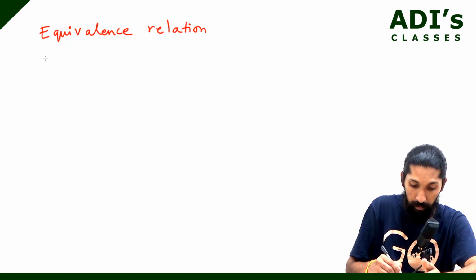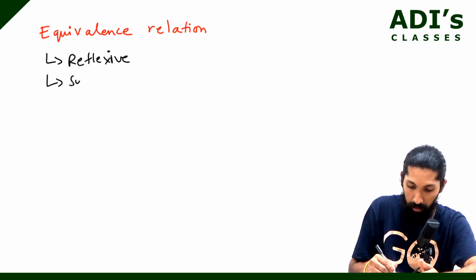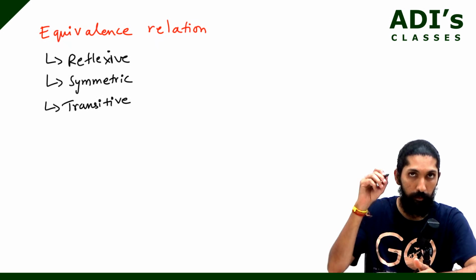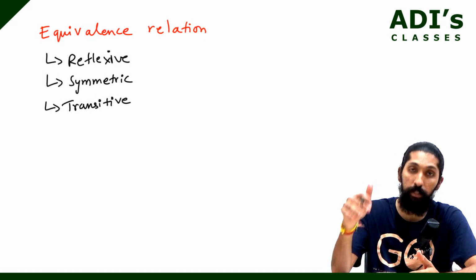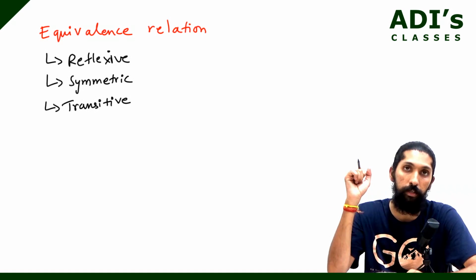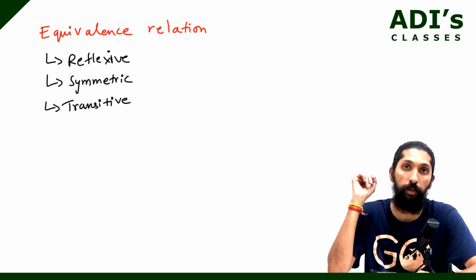That means it is reflexive, it is symmetric, as well as transitive. It is all the three. Suppose you have a relation which is true for all three, like it is reflexive, symmetric as well as transitive, then it is going to be an equivalence relation. All right, so these are the types of relations we have.